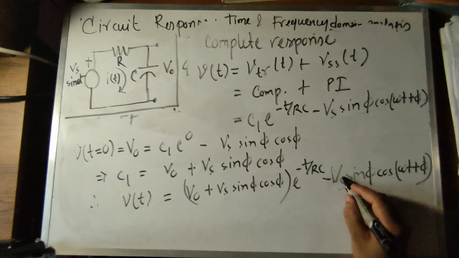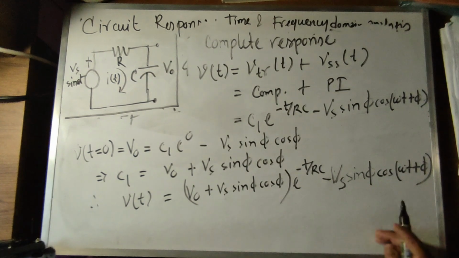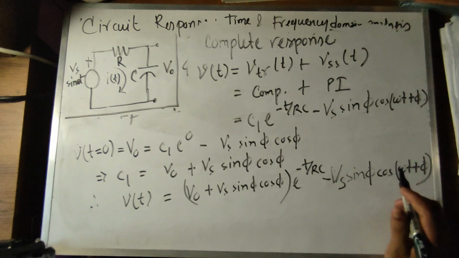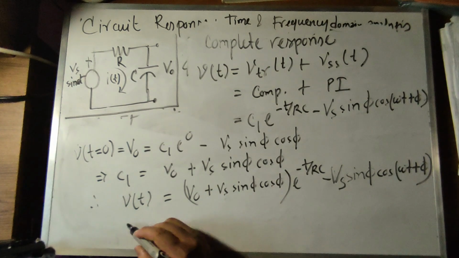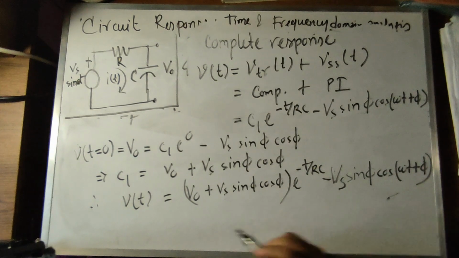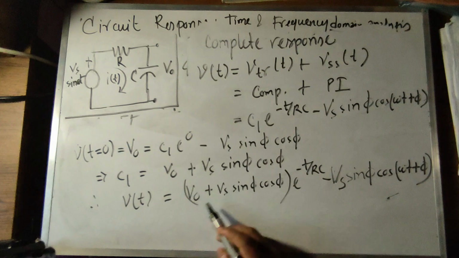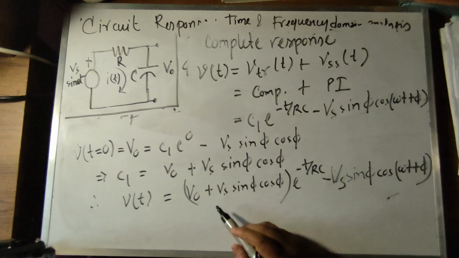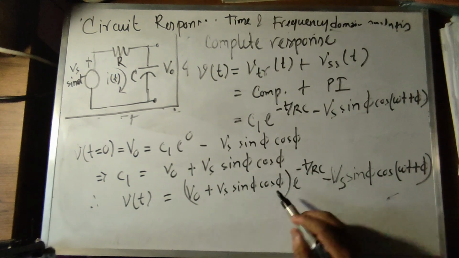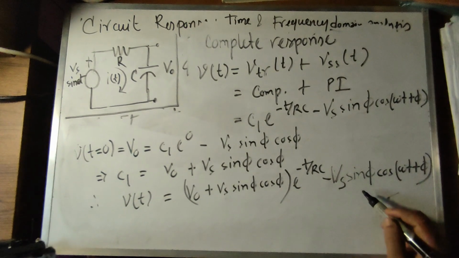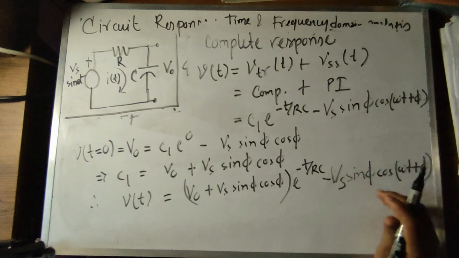So this is the complete response of the series RC circuit to sinusoidal input in time domain. This is the response. v(t) equals Vo, the initial voltage, plus Vs, the input magnitude, sin phi cos phi e to the power minus t by RC minus Vs sin phi cos omega t plus phi.